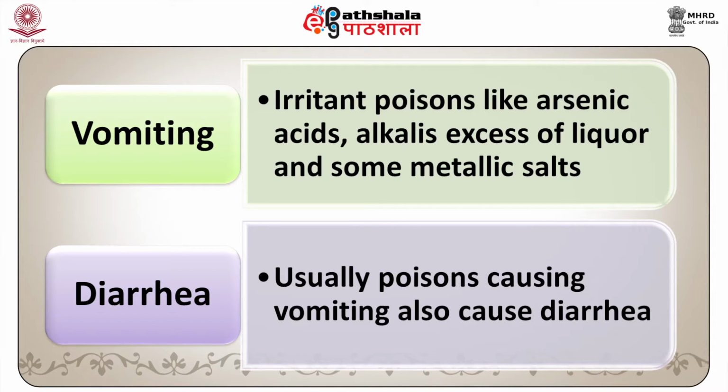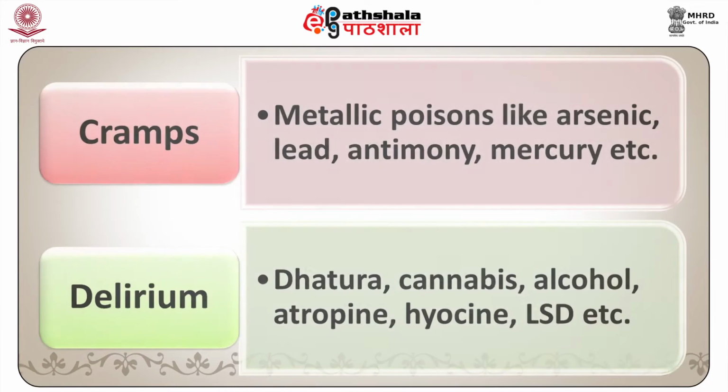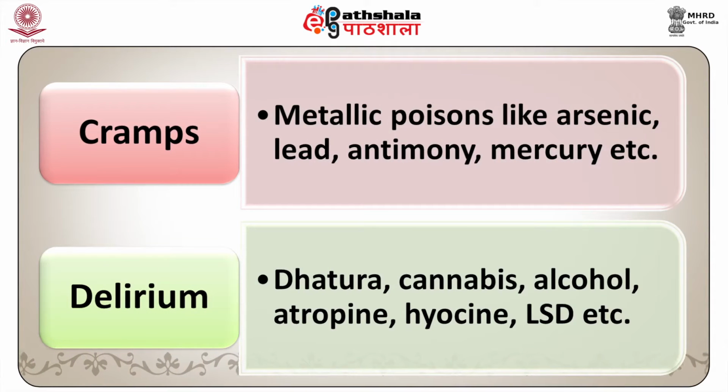The poisons usually causing vomiting also cause diarrhea. For cramps, metallic poisons like arsenic, lead, antimony, mercury, etc. Delirium is caused by the poisoning of dhatura, cannabis, alcohol, atropine, hyoscine and LSD, etc.